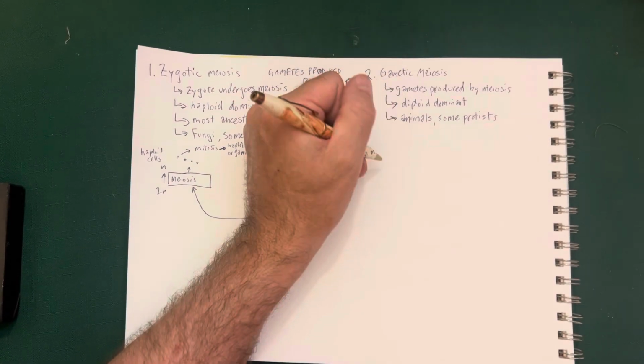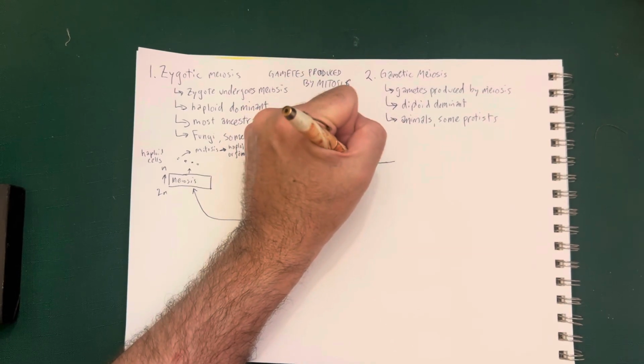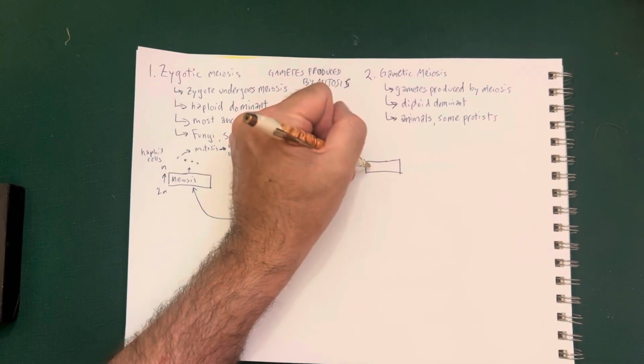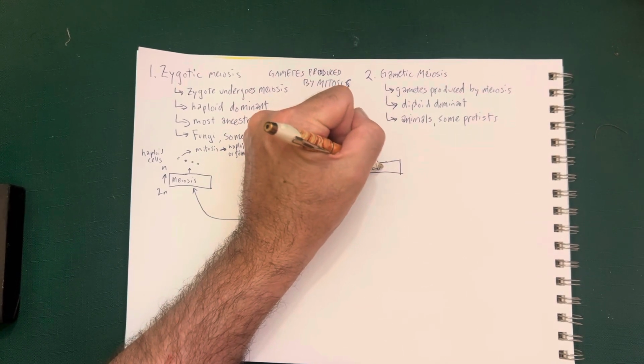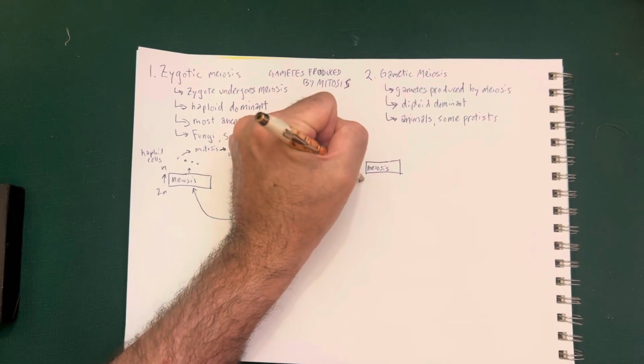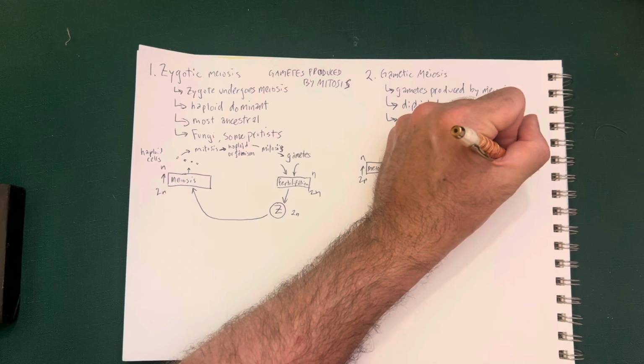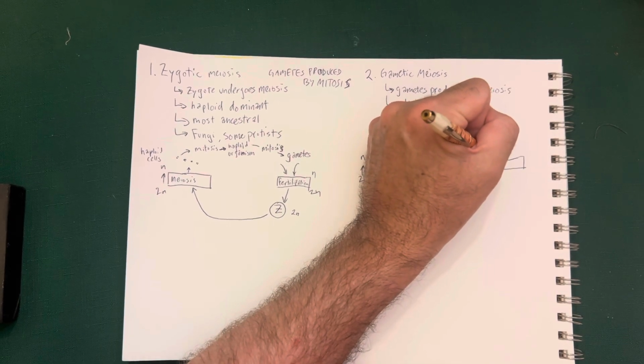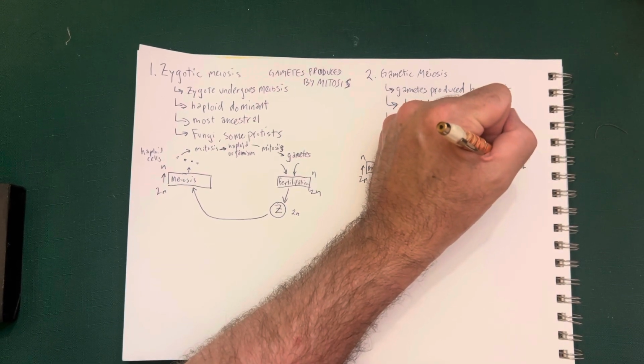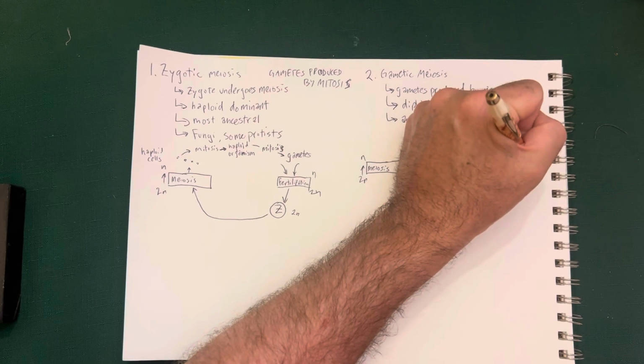Okay, so once again, we're going to go back and forth between these two boxes. Hopefully you're picking up on the pattern here. I'm going to put meiosis over here, going diploid to haploid. I'm going to put fertilization over here, haploid to diploid.